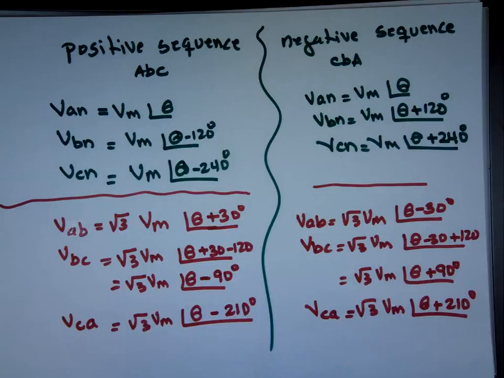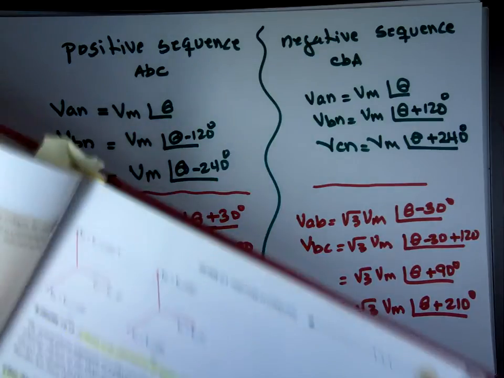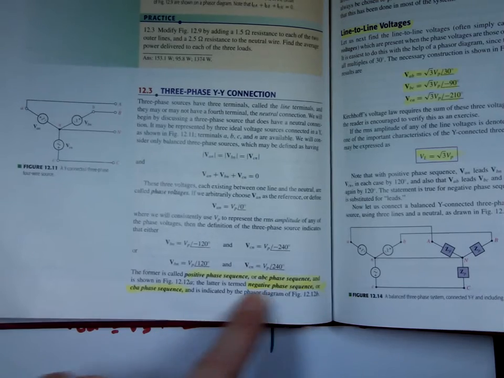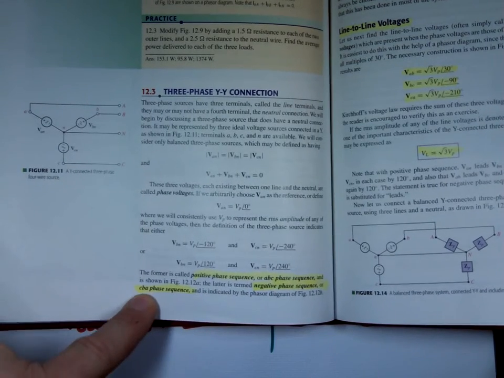So I just meant to write these last time. We talked about positive sequence and negative sequence, but I didn't really summarize them. We looked at the book there. It talks about positive sequence, ABC phase sequence, or negative sequence, which is CBA, right here.